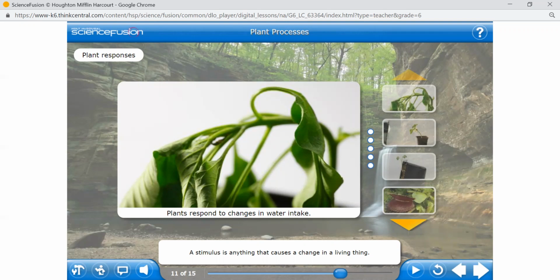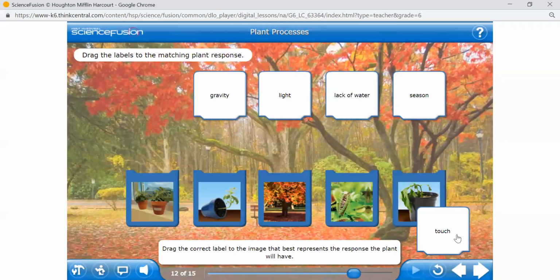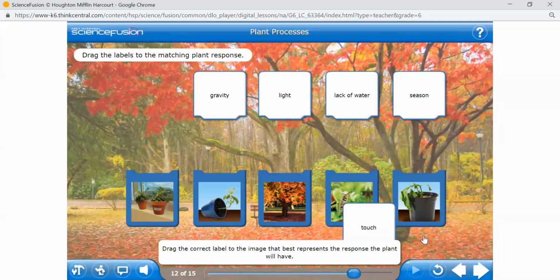Plants will respond in different ways to their environments. Drag the correct label to the image that best represents the response the plant will have. Which plant did I say you touch? See the picture? Where is that touch-me-not plant? First, second, third, fourth, or fifth?